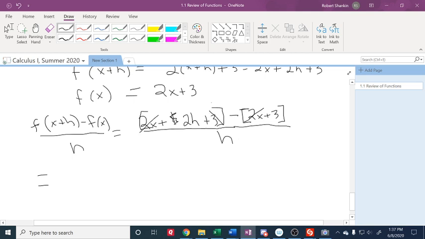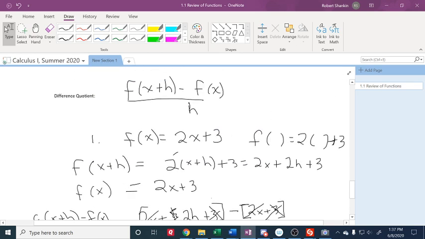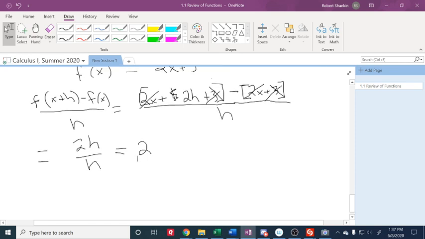The 3 and this minus 3, they'll cancel each other out. All I'm going to be left with is 2h over h. And the h's divide out, and I'm left with 2. So the difference quotient for this function turns out to be 2.